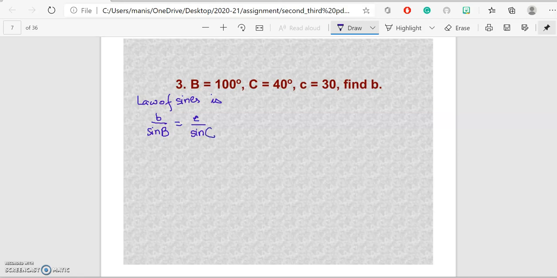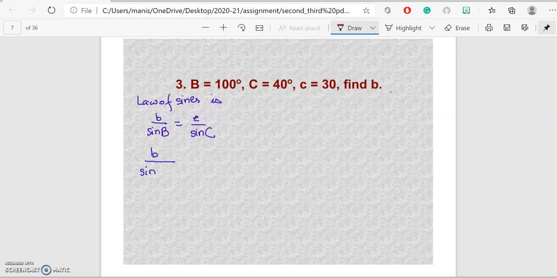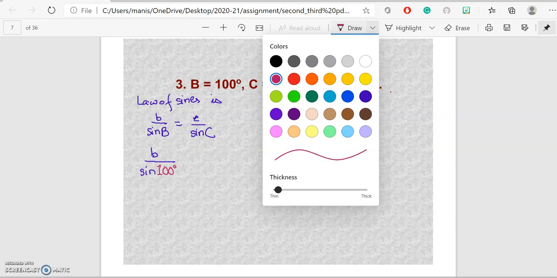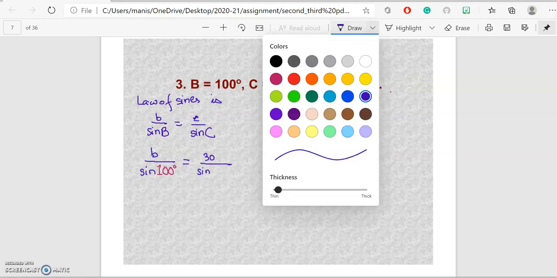So what is my lowercase b? I have to find lowercase b over sine of uppercase B. What is uppercase B? That's your 100 degrees. So I'll write it over here, 100 degrees. Equal sign, lowercase c is 30 divided by sine uppercase C, which is 40 degrees.